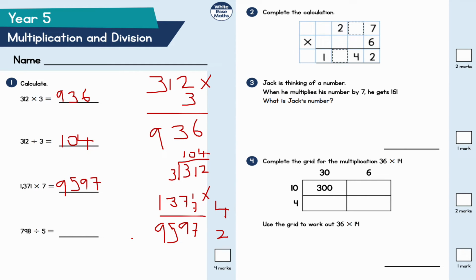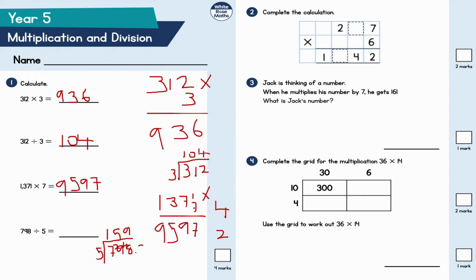The next one, 798 divided by 5. Now this one's going to give us a decimal answer because it doesn't end in a 5 or a 0. So watch carefully for this one. 5s into 7 is 1, remainder 2. 5s into 29 is going to be 5, remainder 4. 5s into 48 is going to be 9, remainder 3.